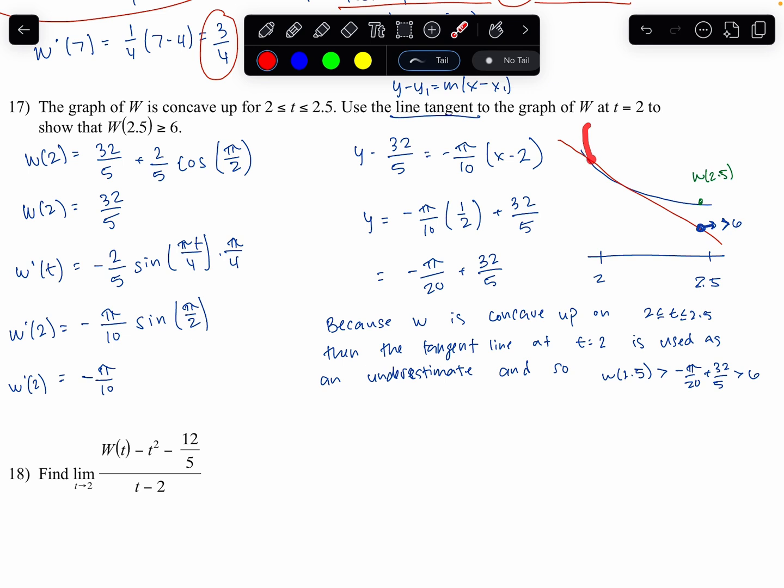Because W is concave up on this interval right here, then the tangent line at t equals 2 is used as an underestimate, and so W of 2.5 has to be greater than the value that we got from the tangent line approximation, and this value is greater than 6. And so I think that holds true.